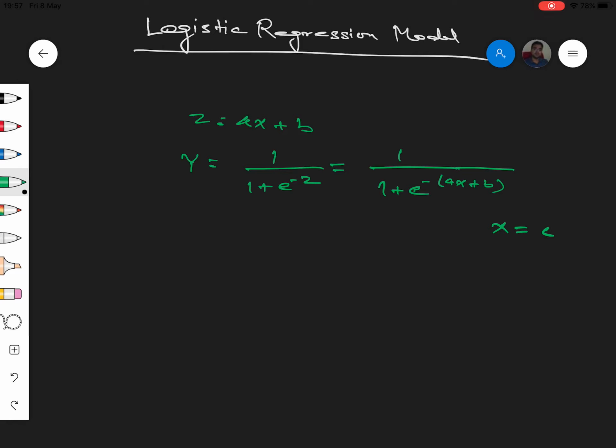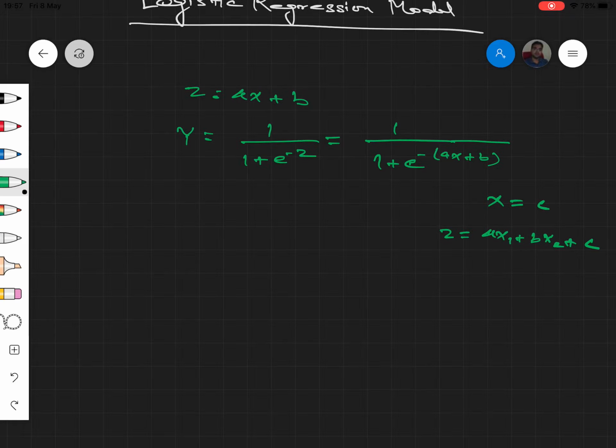But this x is just one feature. We may have more than one feature, and in that case it will look like ax1 plus bx2 plus c. Again this value z will be put here and it will fit accordingly.